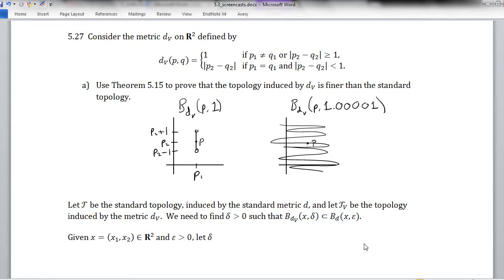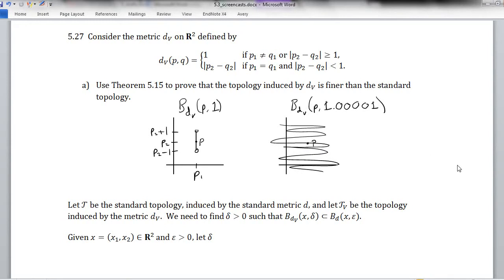So taking a little open ball, this thing's not going to fit inside of it, so we're going to need to find a little interval that fits inside of it. And I guess we should be able to take delta to be the same thing as epsilon, unless epsilon was bigger than 1.